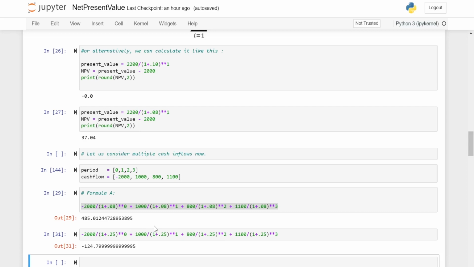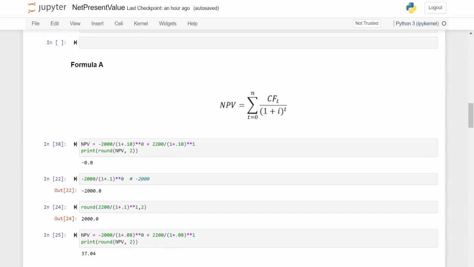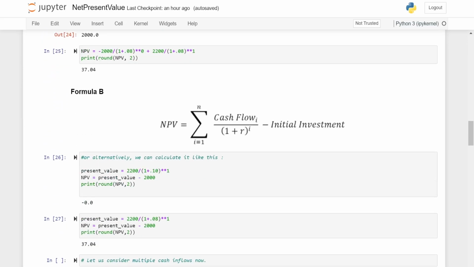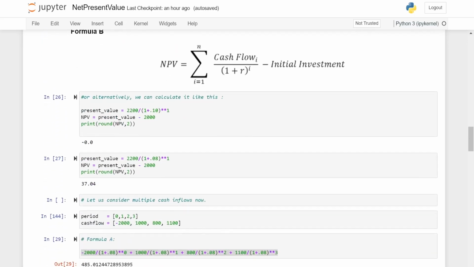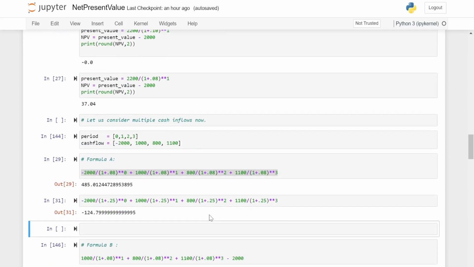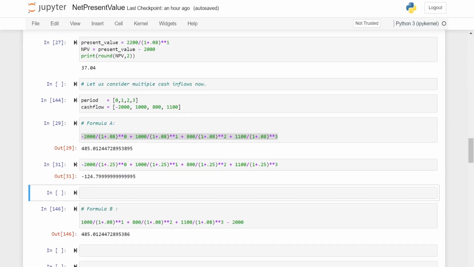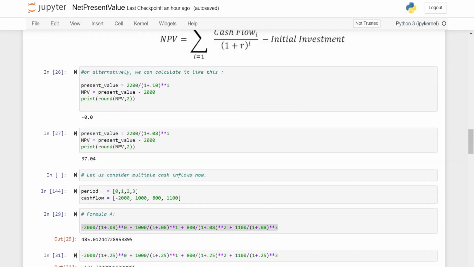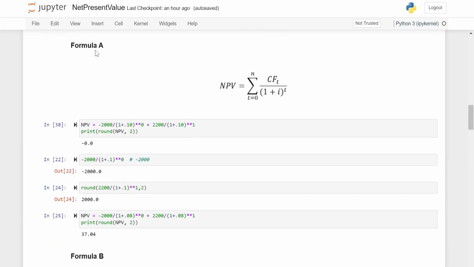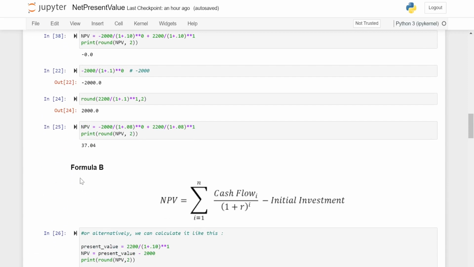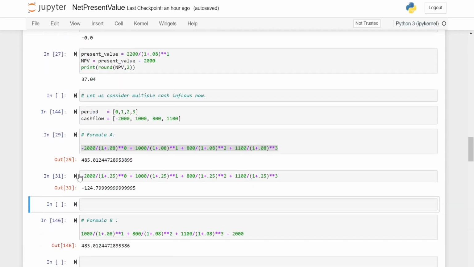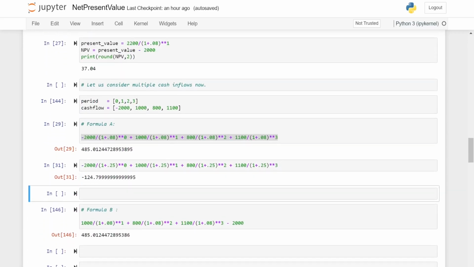So this is the calculation we have done using this formula. What about this? There is only a little difference, right? This was formula A and this is formula B. So let us talk about B now.